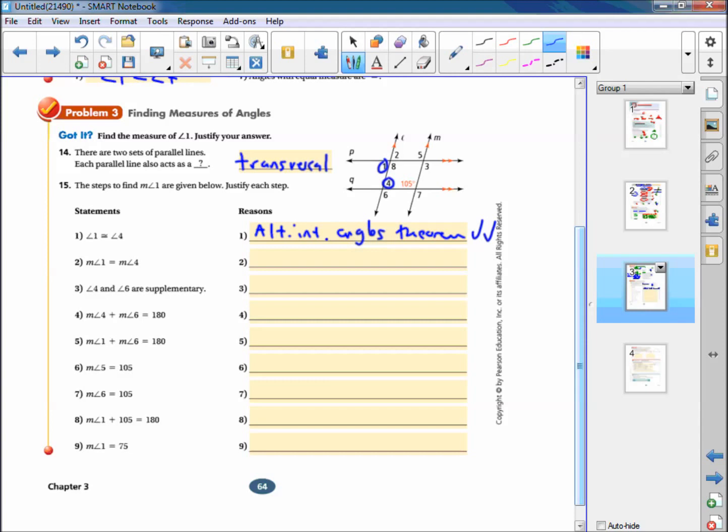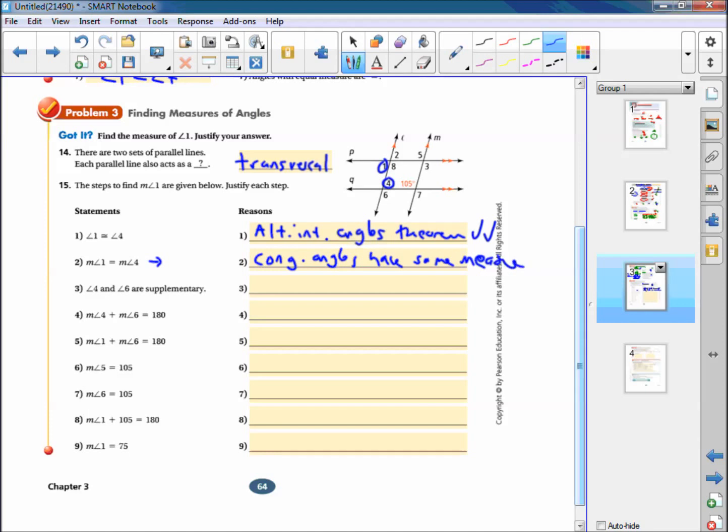All right, so the measure of angle 1 is equal to the measure of angle 4. Well, that's what we were doing above. That's just congruent angles have the same measure. So we're taking angles and turning them into numbers here. So congruent angles have the same measure. Okay.